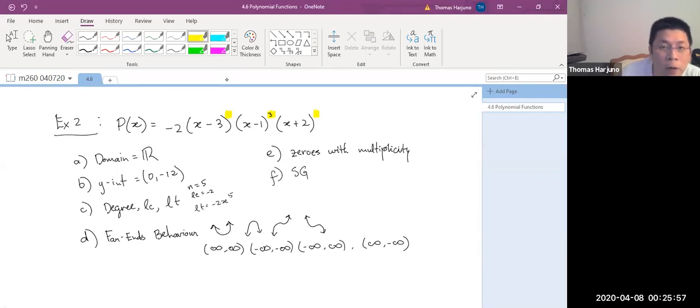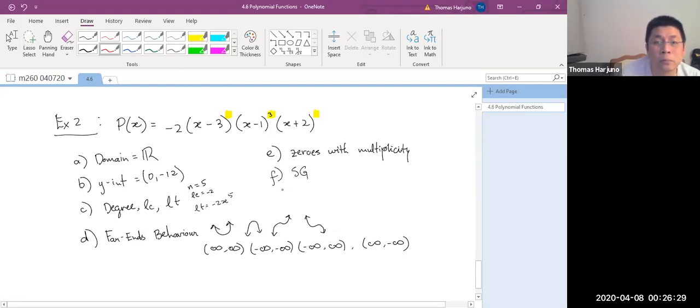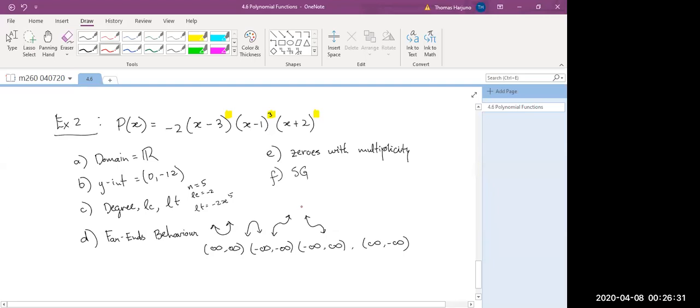Well, how about the far end behavior? Which one will that be? The first, second, third, fourth. So you multiply x minus 1 the whole cube with -2 to get a leading term.